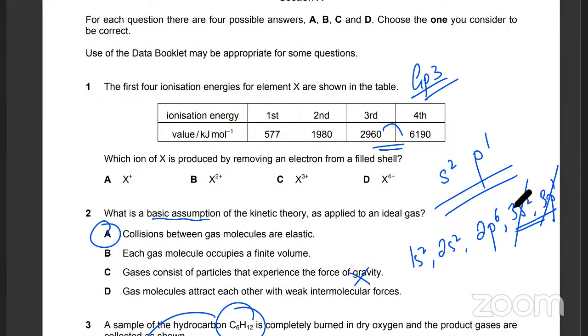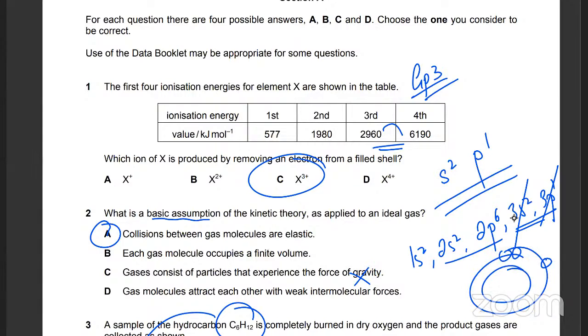And it will form 3 plus. Once it forms 3 plus, then an electron is removed from a filled shell. So 3 plus is fine, because the outer 3 electrons are gone, and now you're removing electrons from a filled shell. Is that clear? So C is correct.